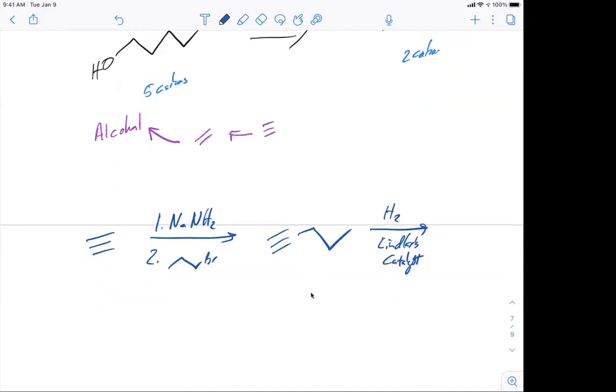That's going to give me my double bond, 5 carbons, and then to get the primary alcohol, I can use BH3 and THF followed by the base and hydrogen peroxide.